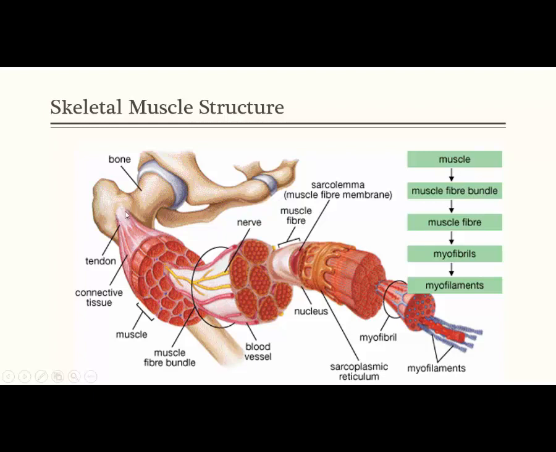That's made up of connective tissue of proteins that are produced by fibroblasts. And the entire muscle is also surrounded by connective tissue made by fibroblasts, which is continuous with the tendon. So this is the structure of skeletal muscle.